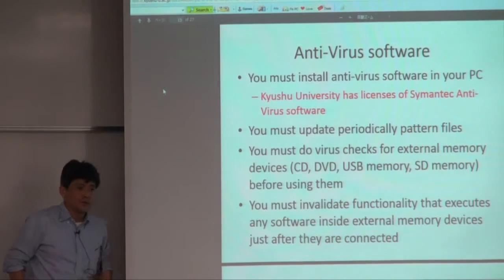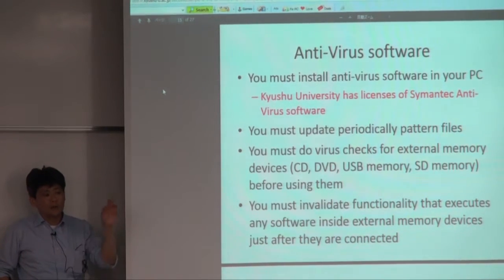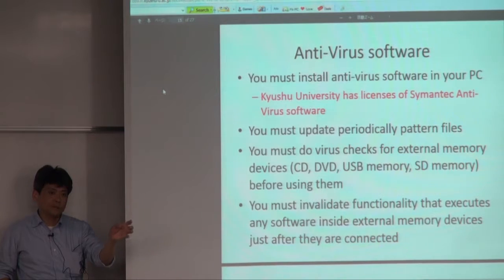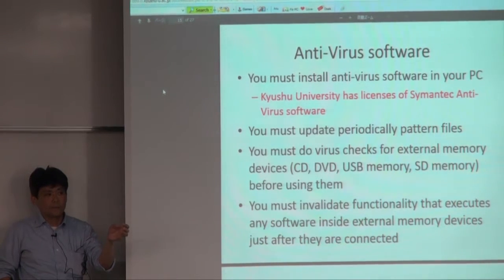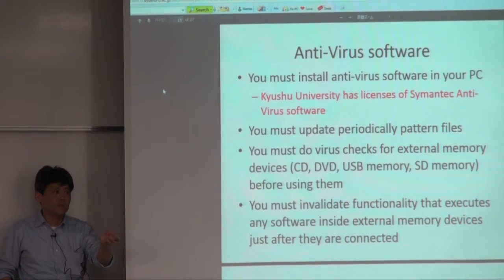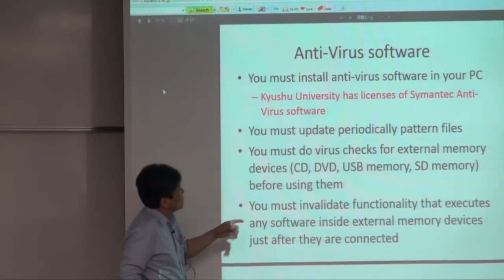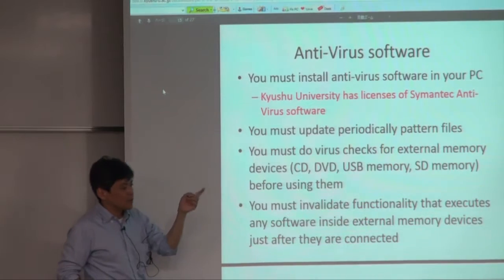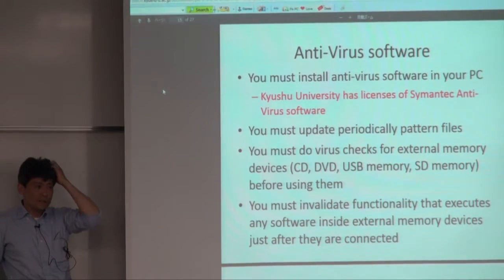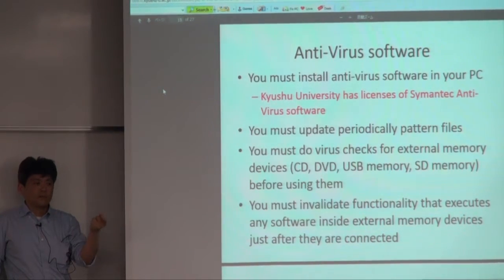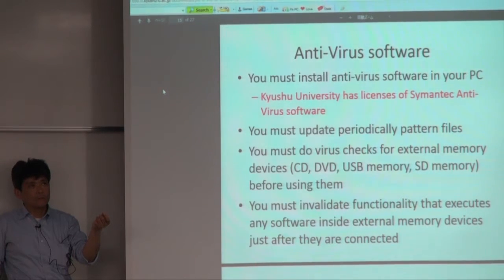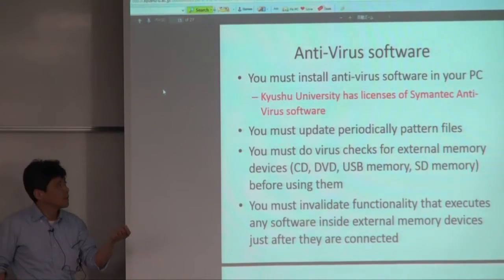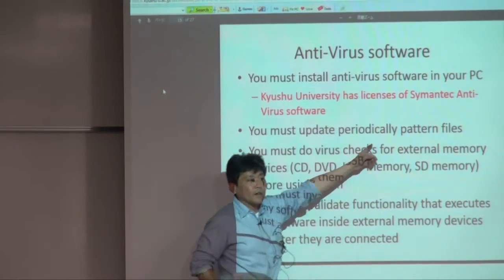So you have to make sure your antivirus software has the corresponding pattern file for such new virus software. Okay. And of course, usually the antivirus software automatically checks for illegal access patterns using the pattern files.